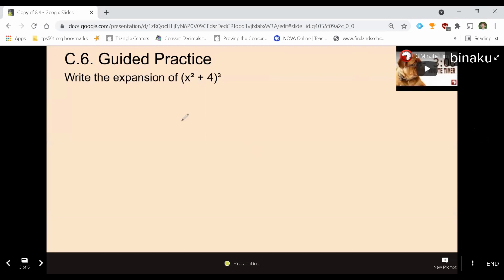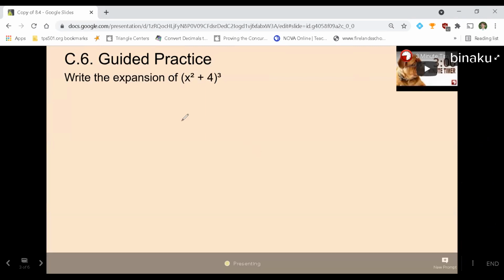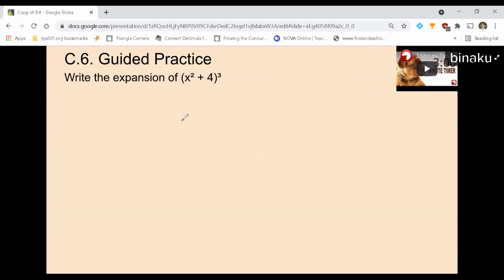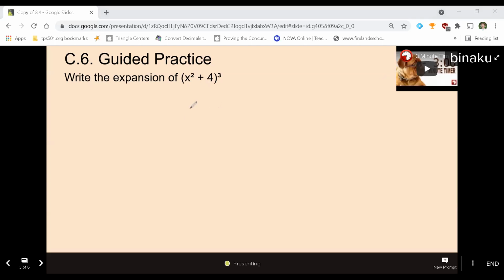Okay, let's have you try this one. Do I want to scaffold this at all? Okay, let's scaffold. How do I want to scaffold it?